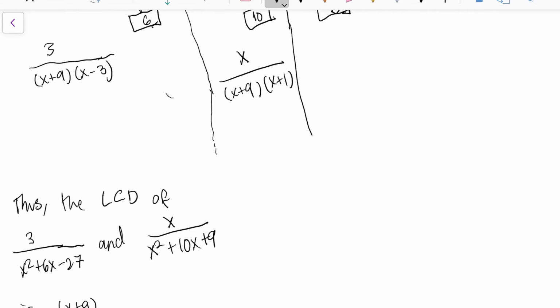We're not going to be repeating x plus 9 because that's already their common denominator. And then x plus 10. Do we have x plus 10? No, we don't have x plus 10. x plus 1 we have, and then x minus 3.